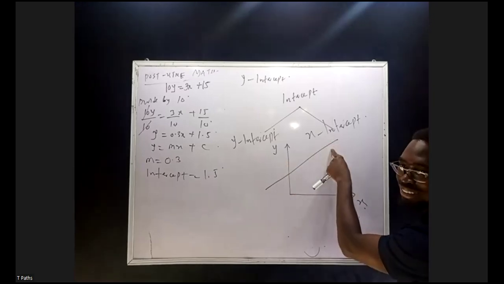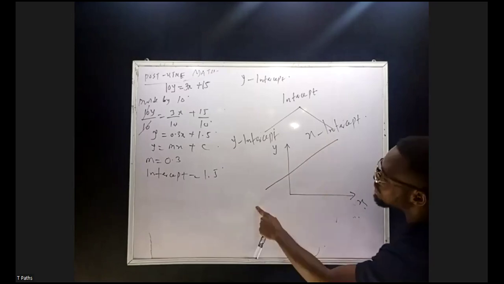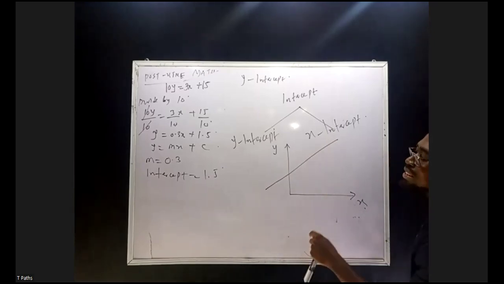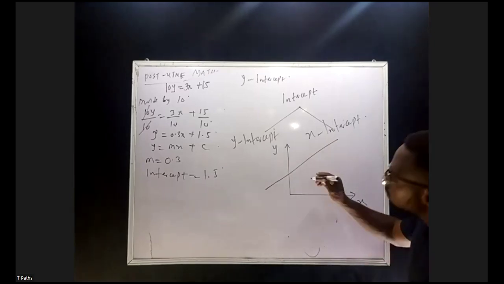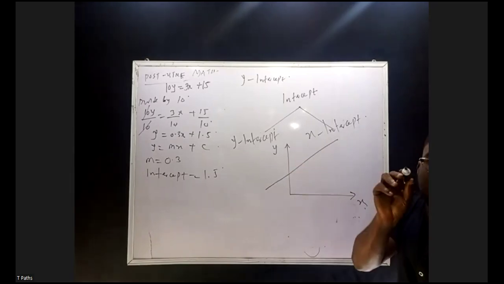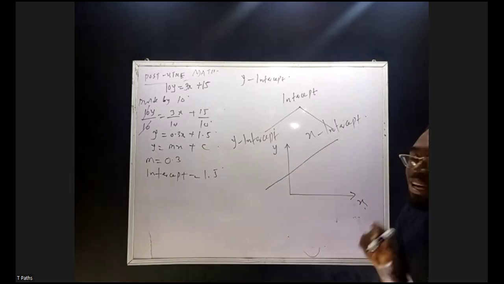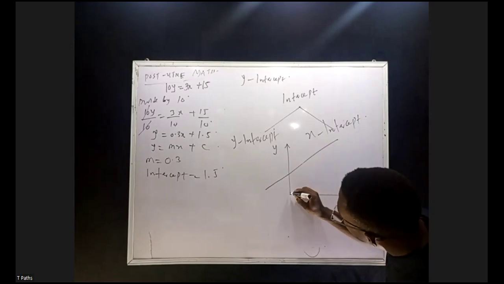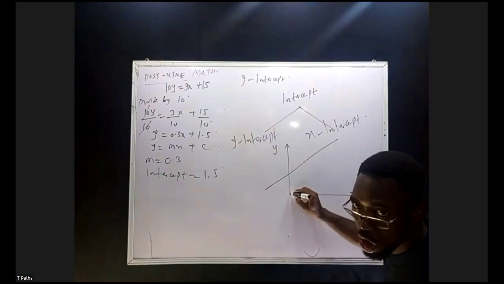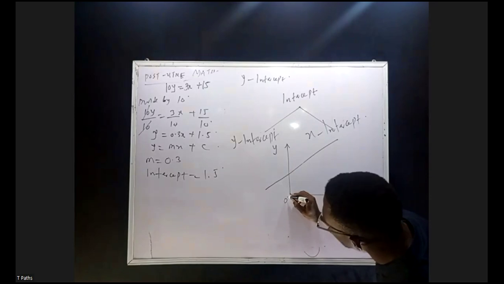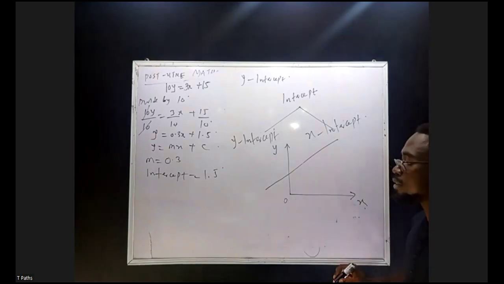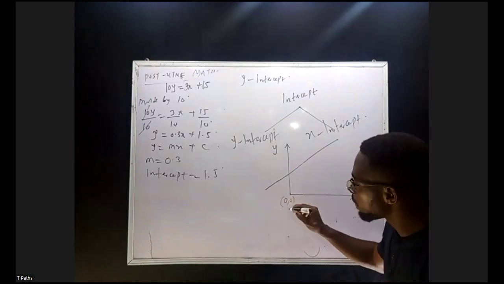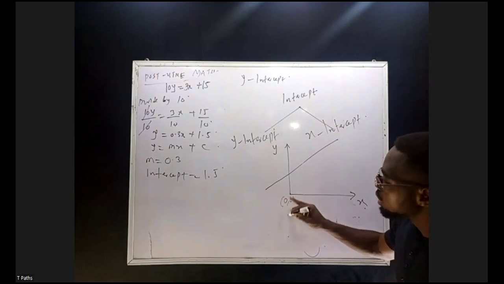Any line that cuts the y-axis, you know that in your graph in secondary school, you drew graphs. This point here is called the origin. It is (0,0). Am I making sense? For y it is 0, for x it is 0.